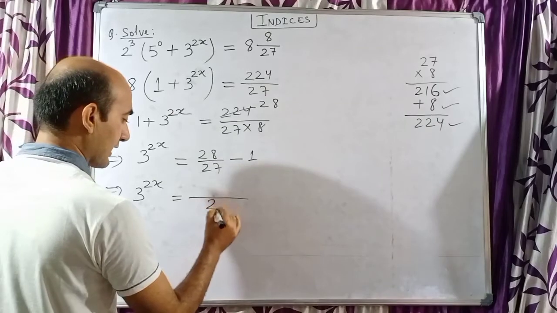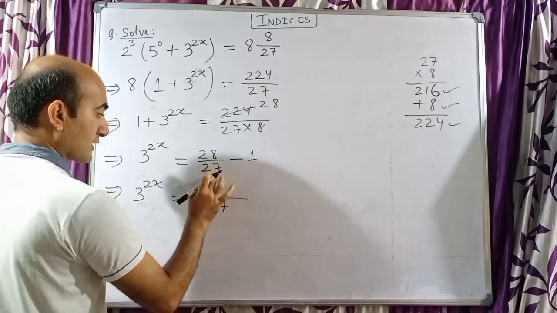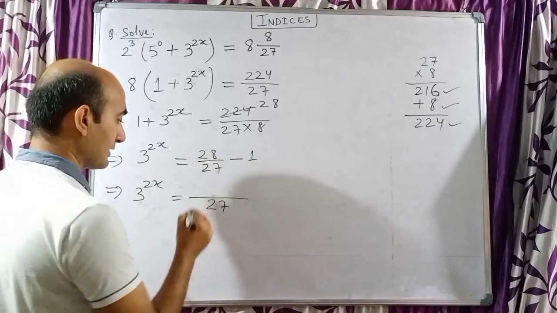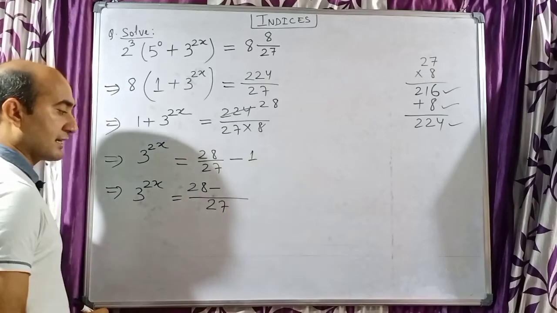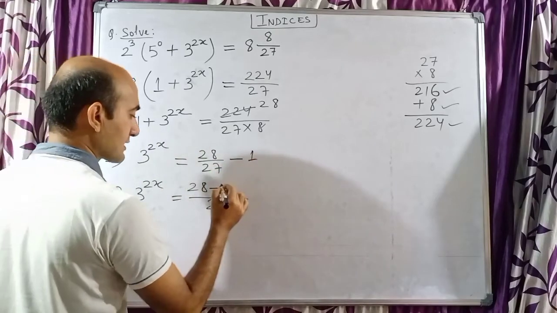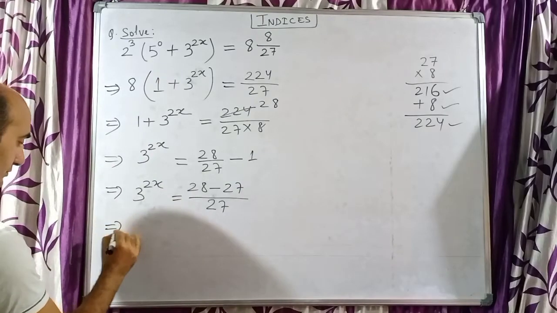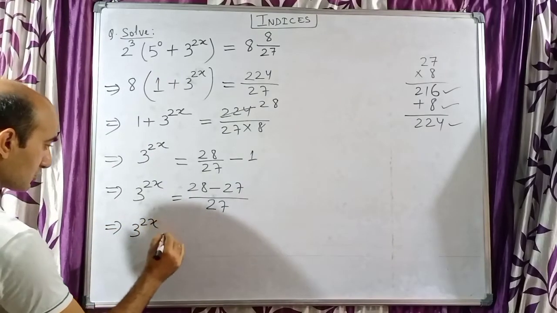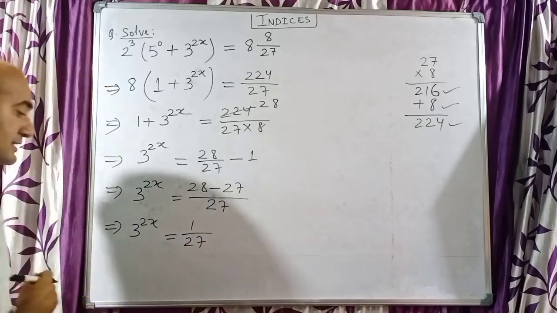So our LCM will be 27, because there is nothing means 1. So 1 and 27 LCM is 27. The numerator part will be 28 minus 27 ones are 27. Next, 3 power 2x equal to 1 by 27.